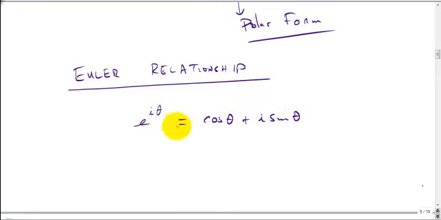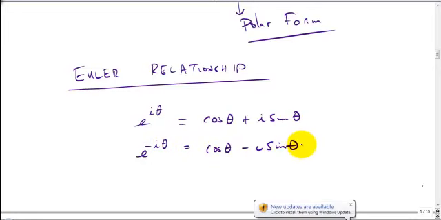Now, it's easy to show this relationship using what's called a Taylor series. Then you need to remember that e to the i theta is equal to cosine theta plus i sine theta, and also that e to the minus i theta is equal to cosine of theta minus i sine of theta.